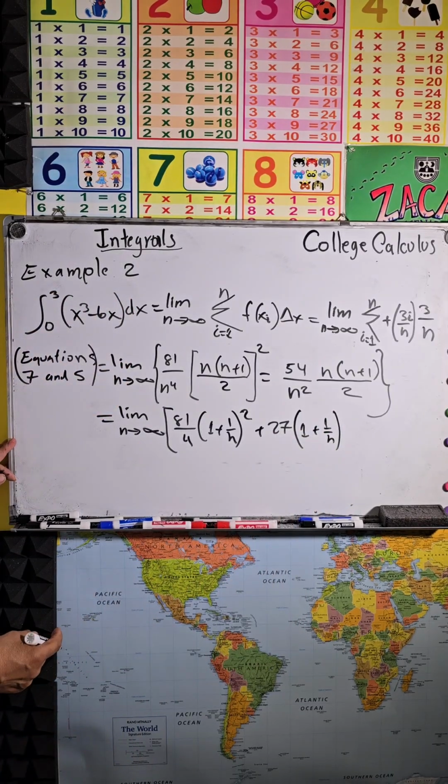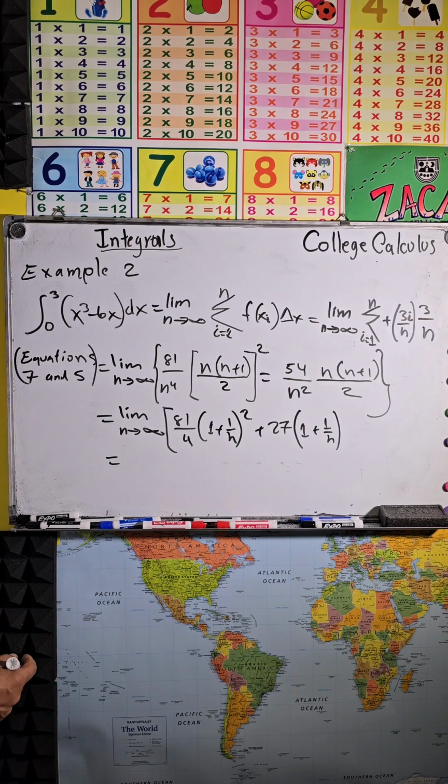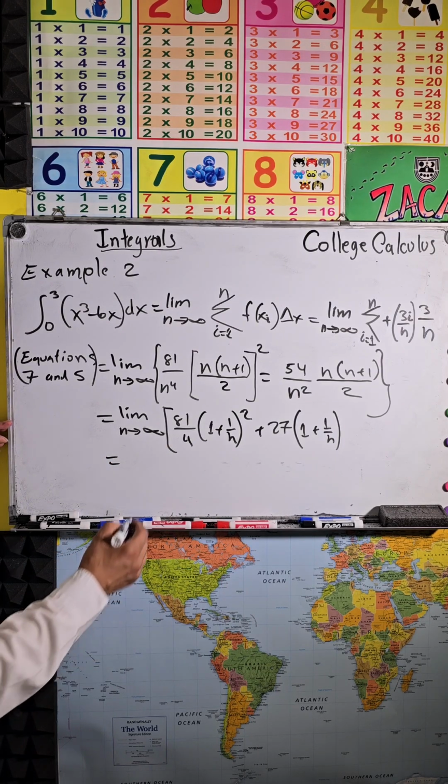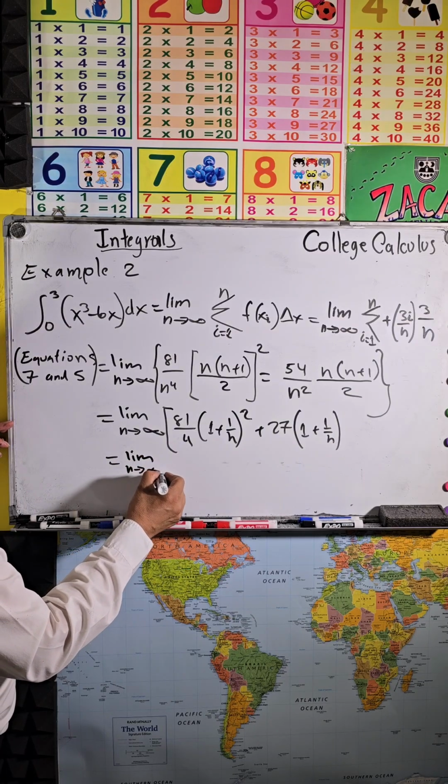Close here. Then next step. Almost done, 2 more steps. Limit when n approaches infinity.